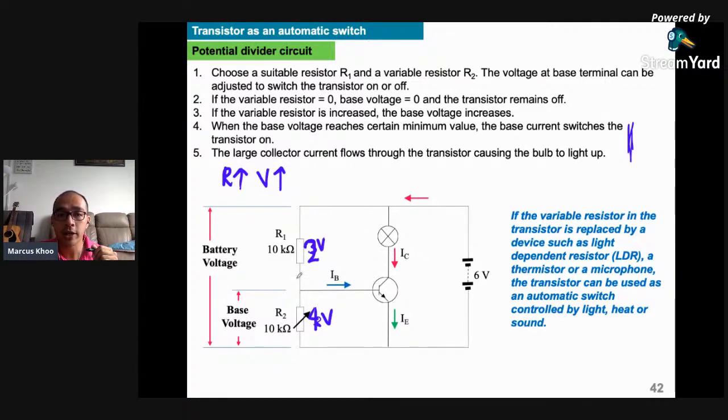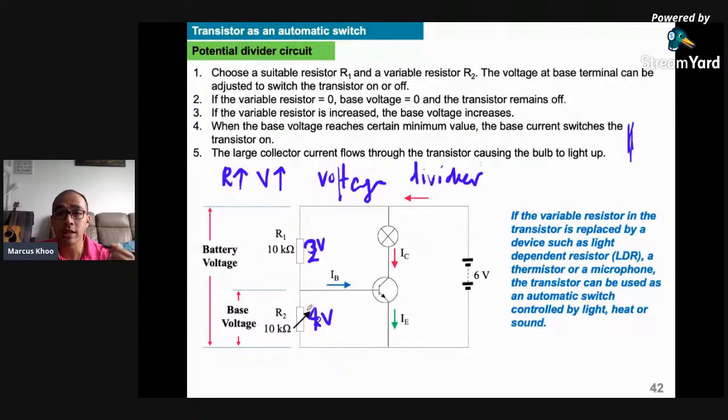So that's the function of these two resistors. We call this circuit a voltage divider circuit. Voltage divider. Something is wrong with my handwriting today.